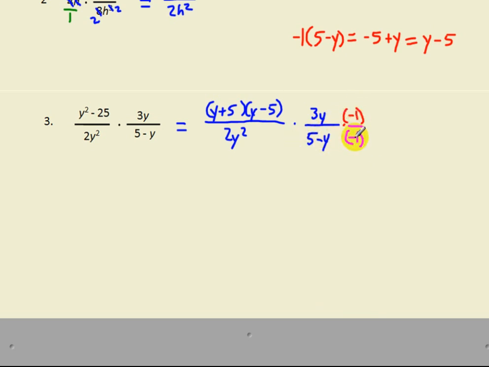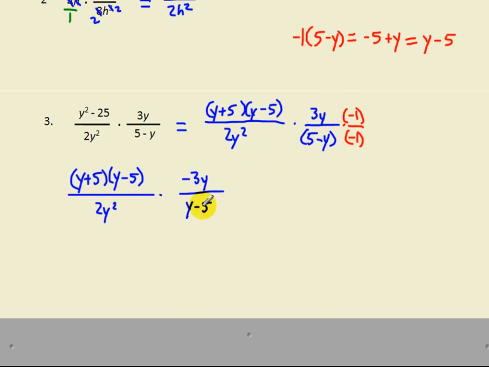Okay, so when we multiply this by negative 1, let me rewrite it down here. We end up with y plus 5 times y minus 5 over 2y squared times, and now instead of a 3y it becomes a negative 3y, and now instead of 5 minus y, multiplying by negative 1 will give us y minus 5.